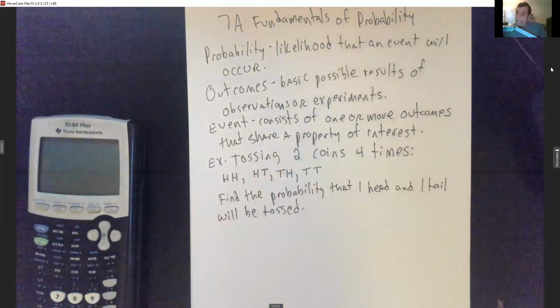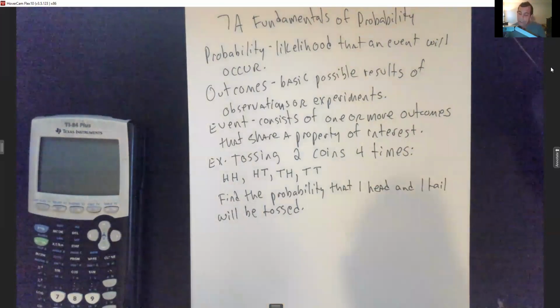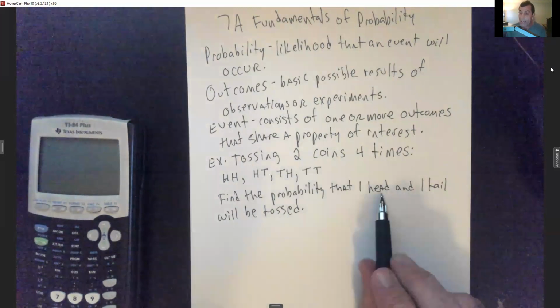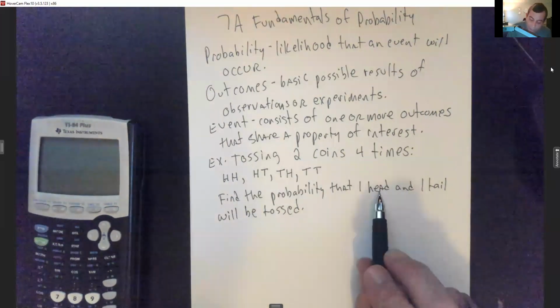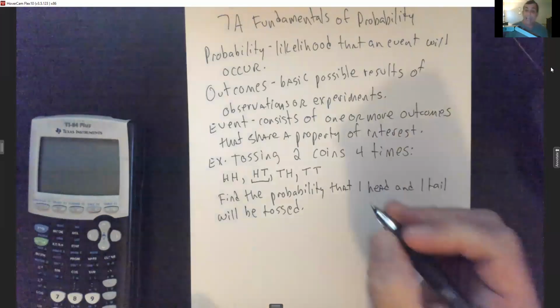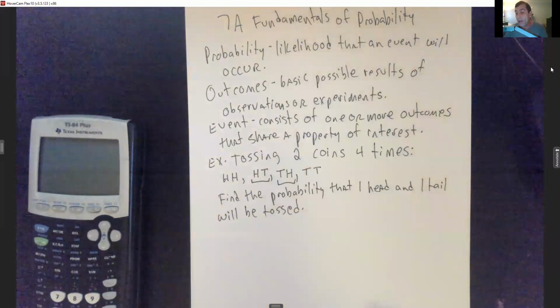So what's the likelihood that I could get one head and one tail by flipping 2 coins 4 times? What you want to look at is how many combinations gave me one head and one tail. My head tail or my tail head combination meet the criteria I'm looking for.